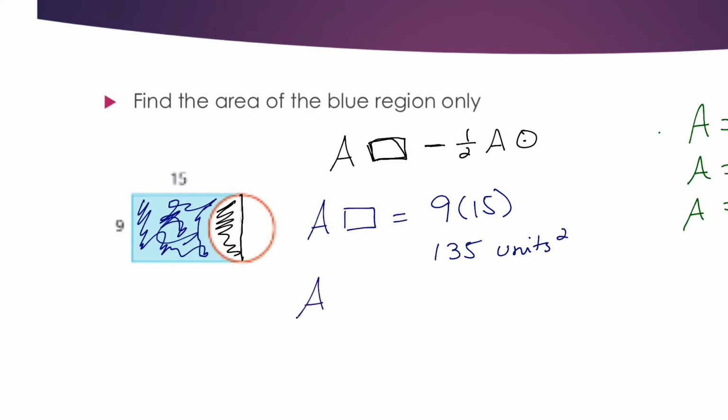The area of the circle, don't forget I want to take this and divide it by 2, is 3.14 times, and they give us the diameter, so I need the radius, and then I want that whole thing divided by 2 because I only want half of that circle. So I would do 4.5 squared times 3.14, get that answer, and I'm going to divide by 2.